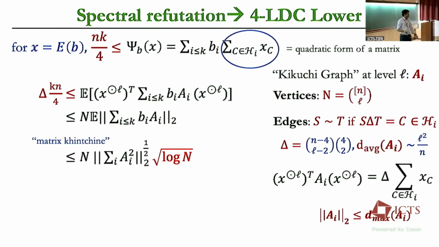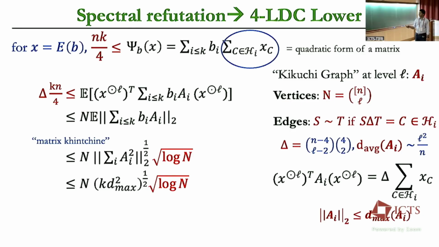So let's consider what the spectral norm of A_i is. A_i is an adjacency matrix. It's a 0, 1 matrix. Its spectral norm is at most the largest degree of any vertex, because it's a graph. So A_i's spectral norm is at most the maximum degree of any vertex in A_i. If A_i's spectral norm is at most d max, then A_i squared has spectral norm at most d max squared.